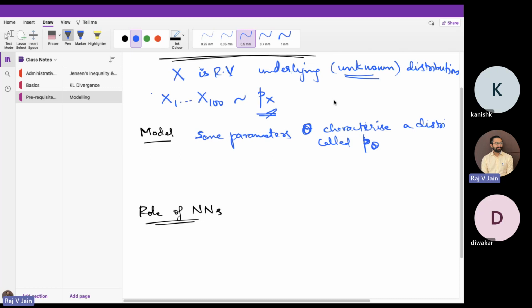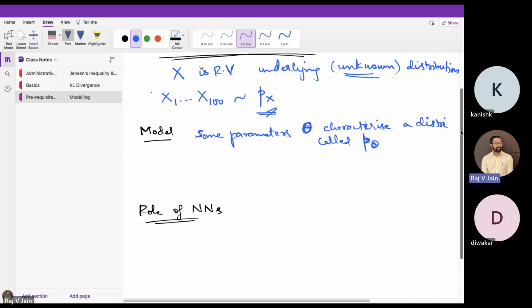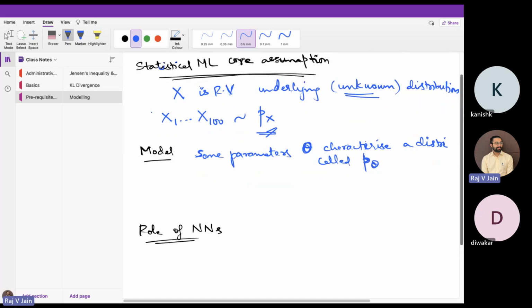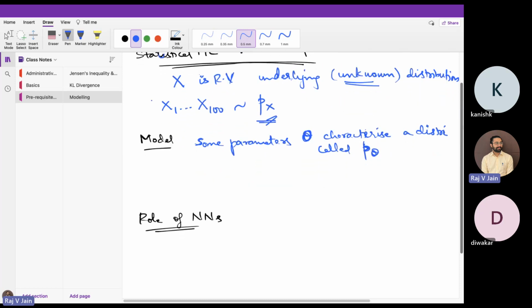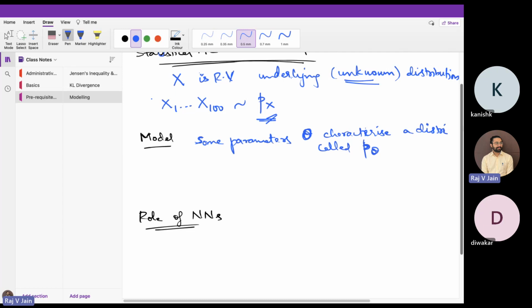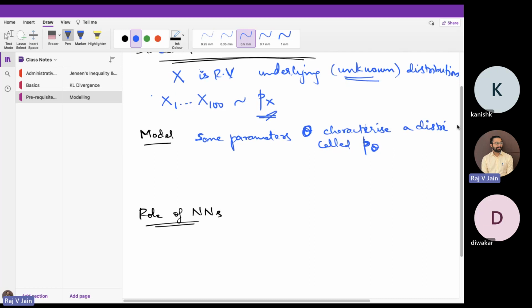Therefore, our aim is to make p theta as close to px as possible. Today we discussed one way of looking at how these two distributions are different, which is your KL divergence. So let's look at this quantity.